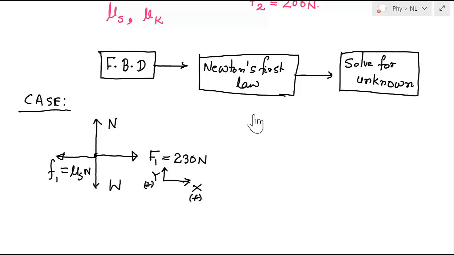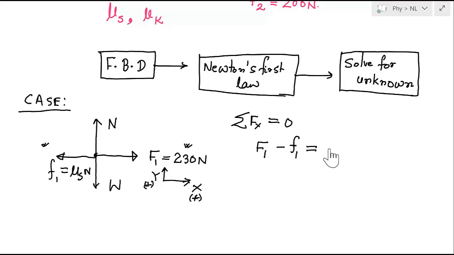Now the summation of all the forces in the x direction has to equal 0 because the crate is in equilibrium. What are the forces acting in the horizontal direction? One force is F1. Another is the friction force, acting in the opposite direction, that's why we take a negative sign.